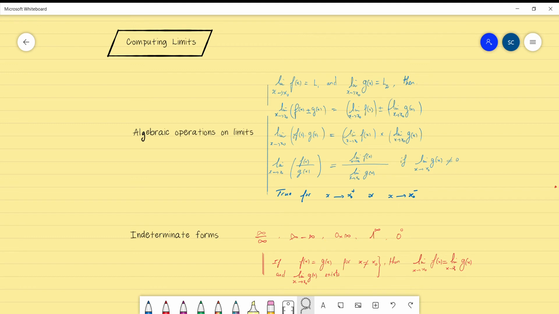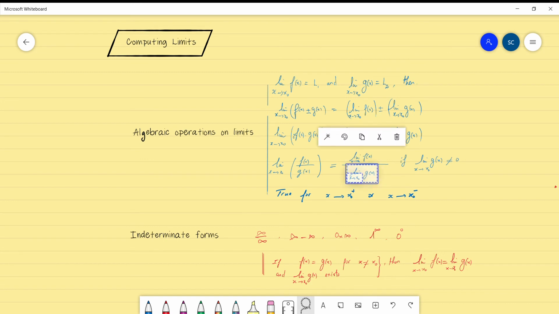Also, the product of the two functions, its limit will be the product of the limit of each of the functions, limit of f times limit of g. The limit of the ratio function will be the ratio of each limit.